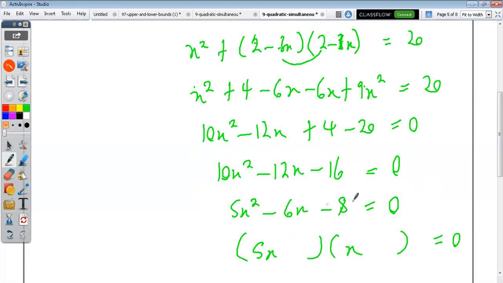Now we have a minus 8 here and a minus 6 here. What are we going to multiply there? We know that 8 can be 8 times 1. If we put a negative 8 here and a positive 1, it won't work; the difference will be 7, not this.